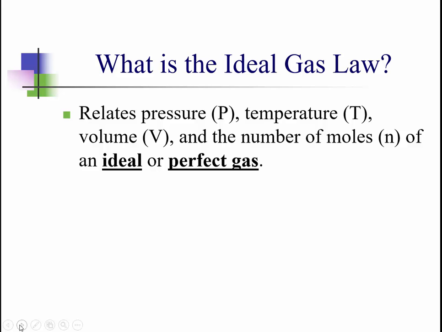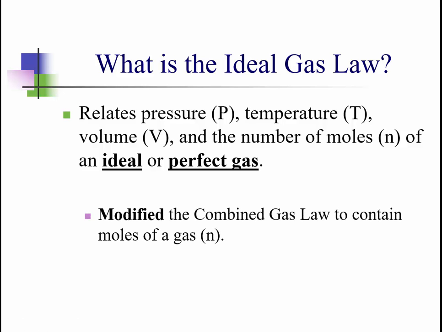And since we are talking about little particles, and there's lots of them, it's easier to talk about 1 or 2 or 3 or 100 moles than it is talking in times 10 to the 23rd, 26th, 28th power. And that's a lot of zeros. So the number of moles is really the number of particles that we have.